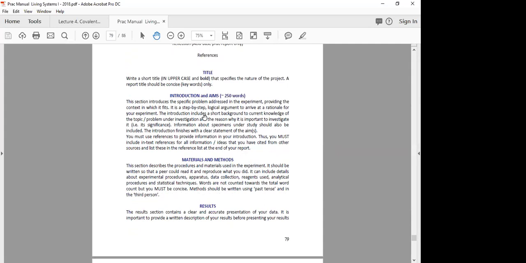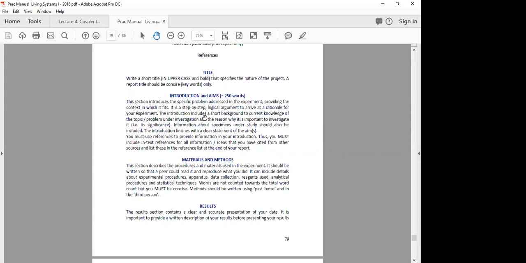The aim always comes at the end of the introduction, not at the beginning. Start off by giving me some information from the literature about the particular topic. So, for example, when you're writing the acid-base prac, start off by defining acids and bases. What are acids and bases? What are some examples of acids and bases? Then that leads into the problem or what's being investigated, and then you finish with the aim, the specific aim.